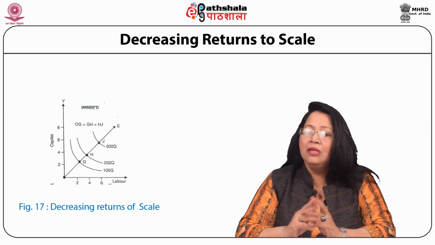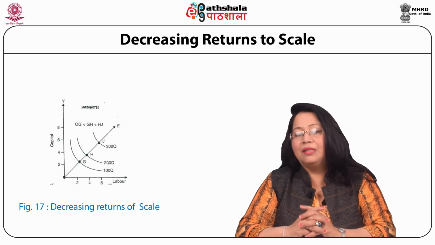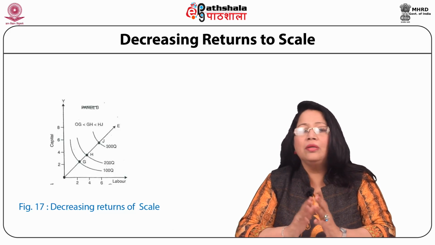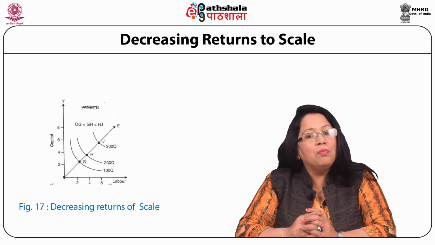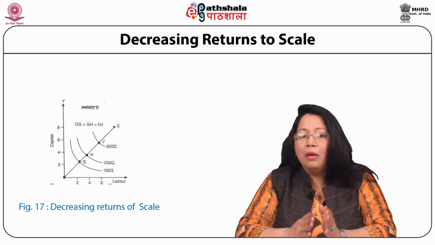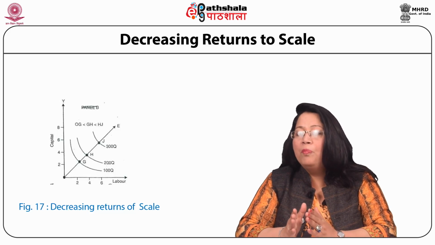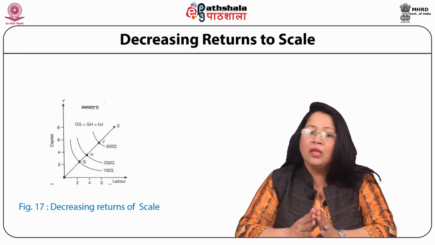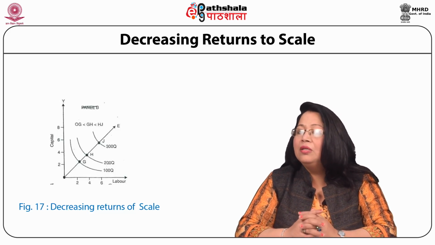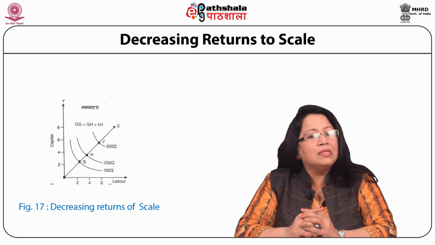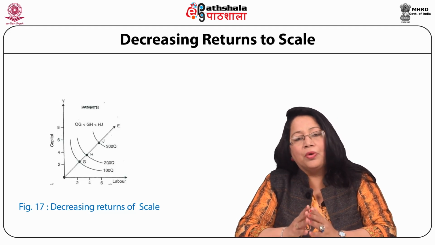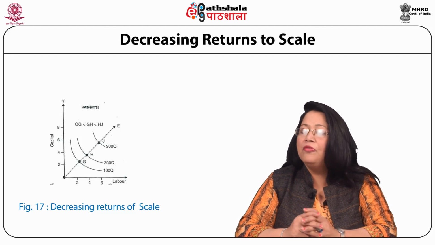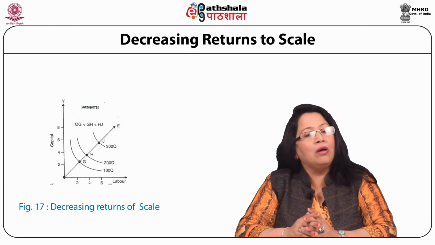Figure 17 shows decreasing returns to scale. Here, to double output per unit of time, the firm must more than double the quantity of both inputs used per unit of time. The returns to scale do not continue to be the same throughout the production process. Returns to scale differ for different levels of output.